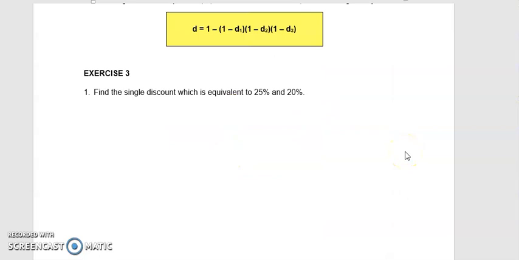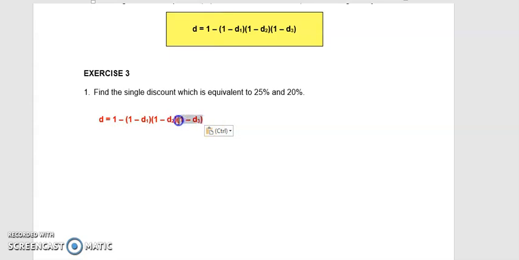Okay, now look at exercise 3, number 1. Find the single discount which is equivalent to 25% and 20%. So remember, 25 plus 20 is 45, right? So actually we did not get 45%. So how many percent do we get? So single discount equivalent D equal to 1 minus D1 multiplied by 1 minus D2.